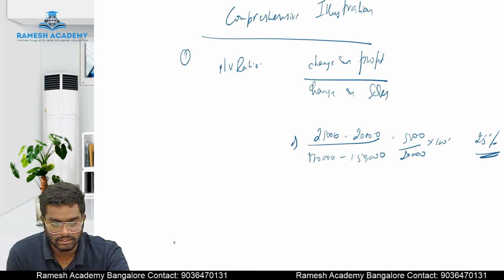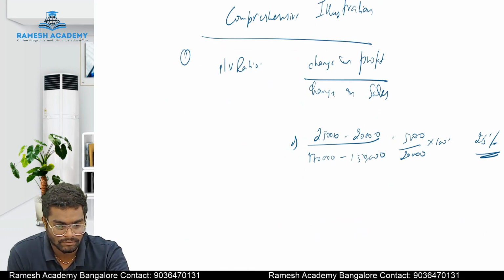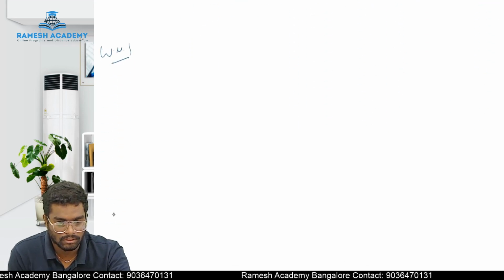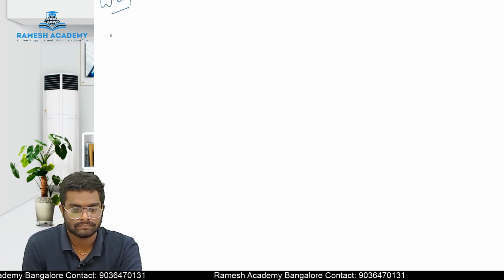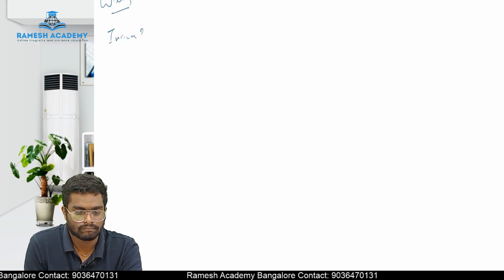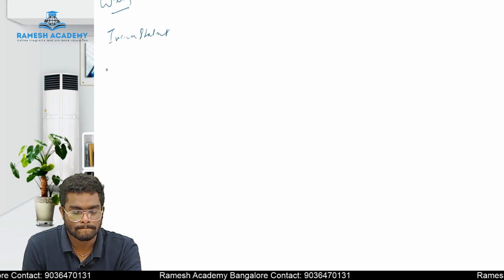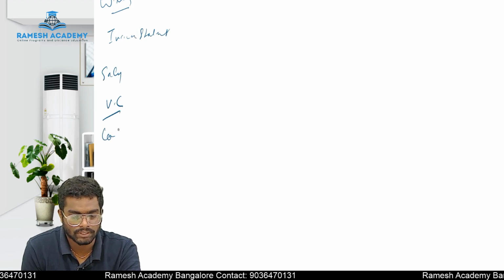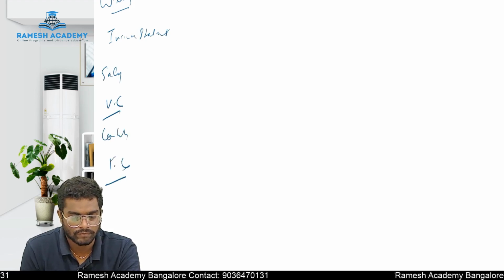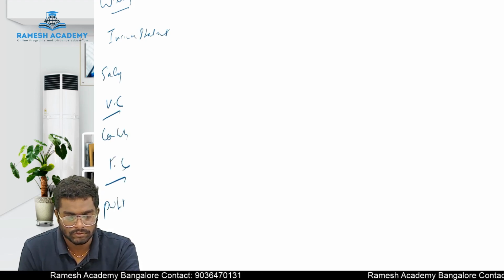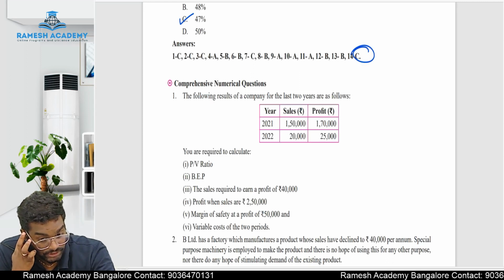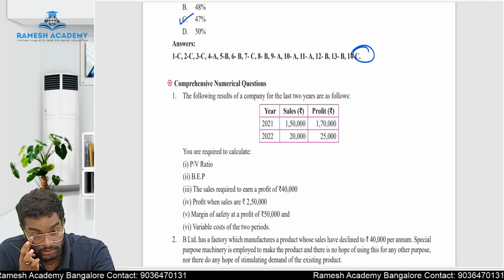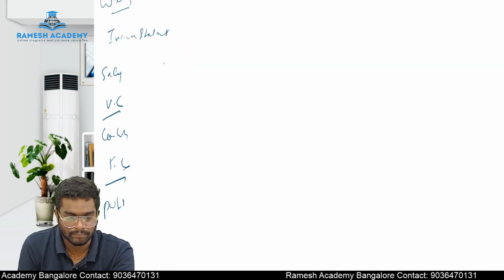Before that, we'll have a working note here, which is the income statement. So I have my sales. Contribution we can find by PV ratio, fixed cost and profit. We'll take the first scenario, 2021. My sales is 1,50,000.